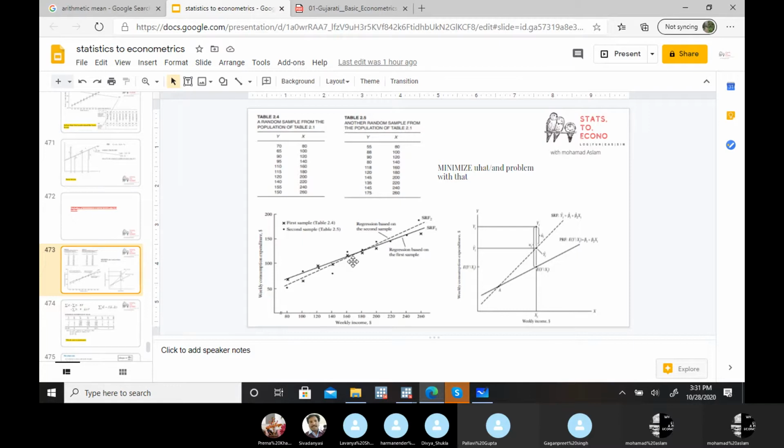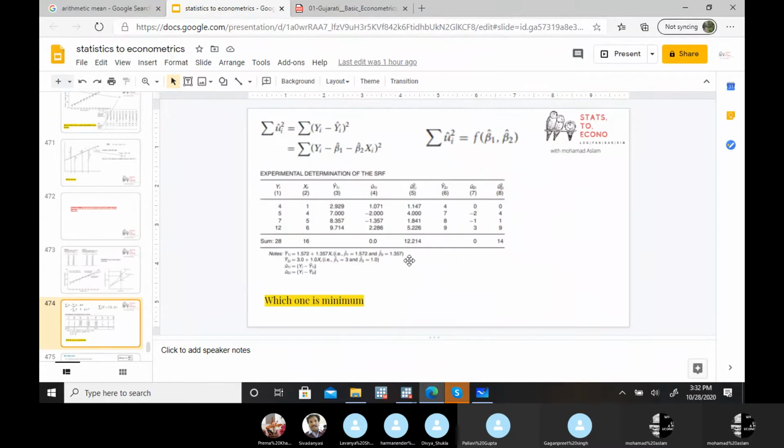So here the problem is that if we go by the OLS with two different samples, it's giving the 0 value in both the cases. So we can't say which one is more appropriate out of these two cases. So in place of that, the solution is to take u hat square. Whichever u hat square gives you the minimum value, that particular regression line is better.